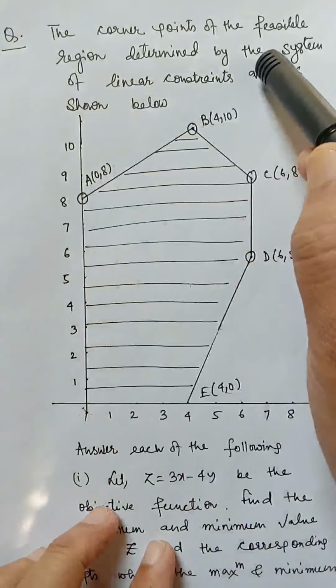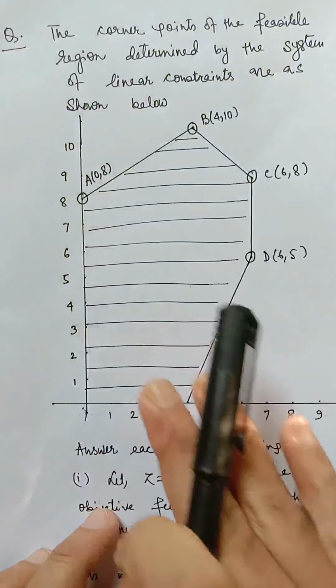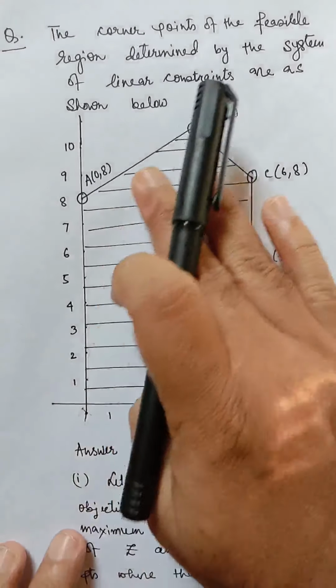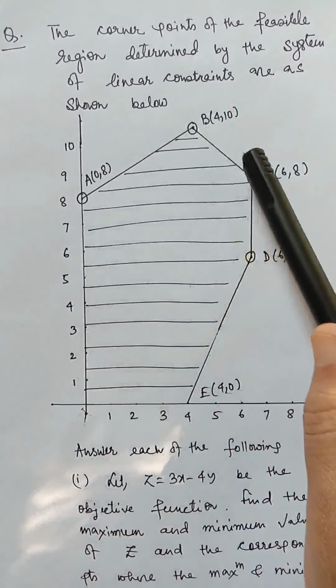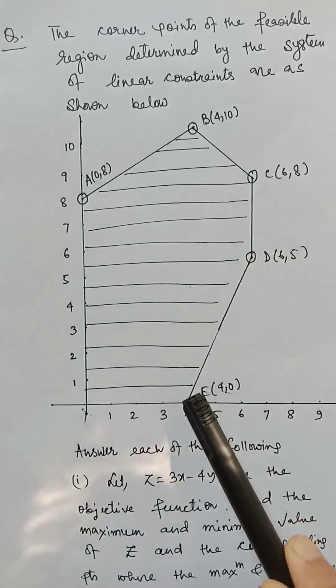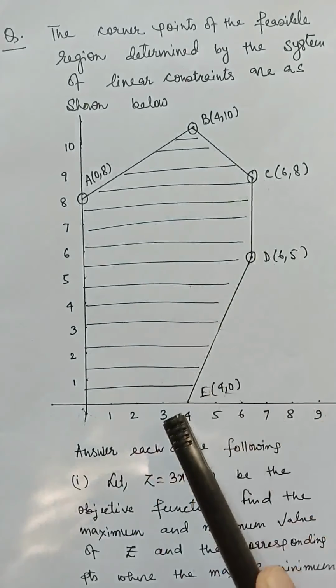Actually these are the graphs of some constraints, and this is the feasible region. These are the corner points of an LPP.